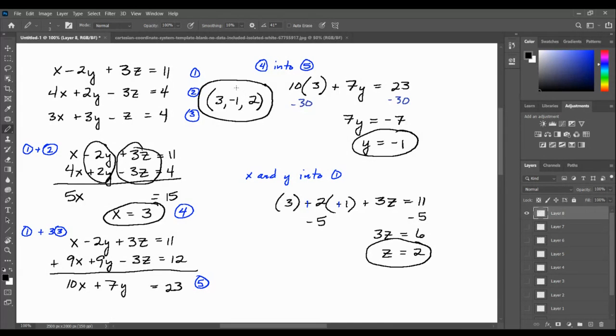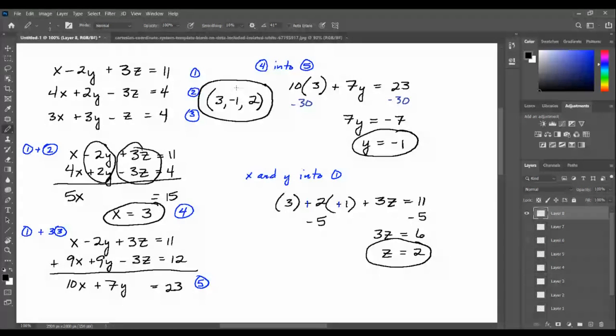But in all of these problems, we will solve them the same way. We will eliminate one variable using 2 of the equations. And then using the third equation and one of the first ones, we will eliminate the exact same variable. And then we will have 2 equations with 2 unknowns.